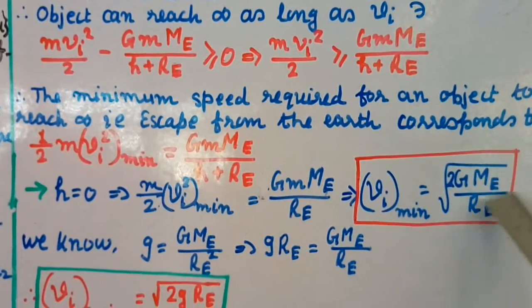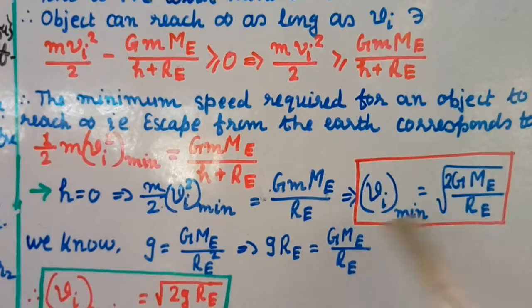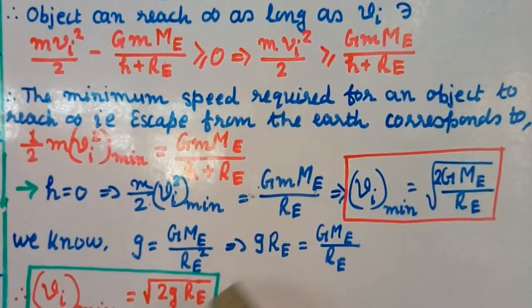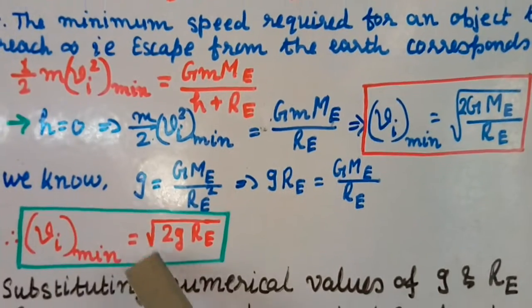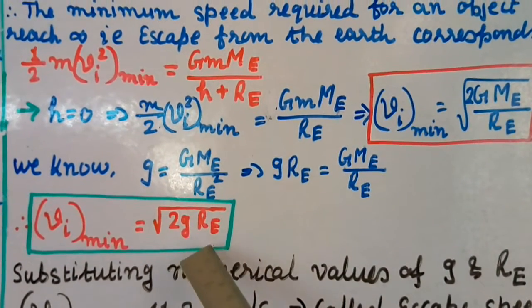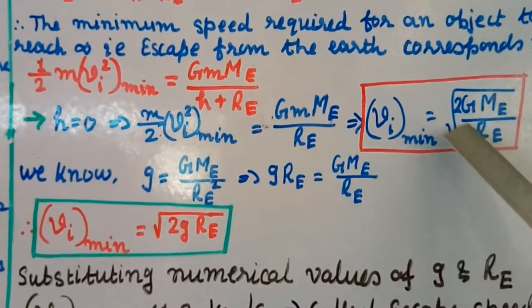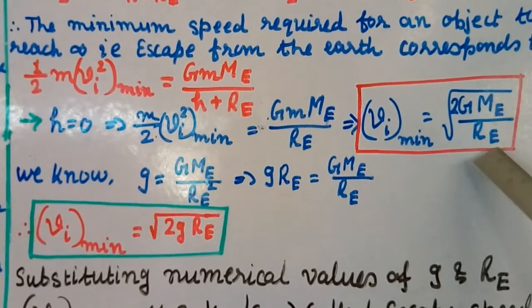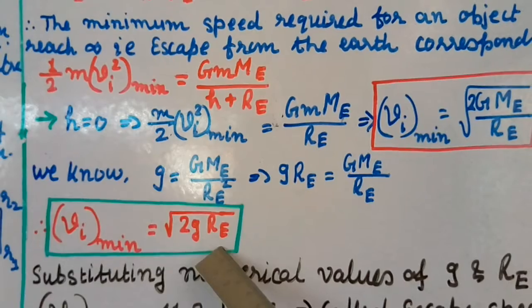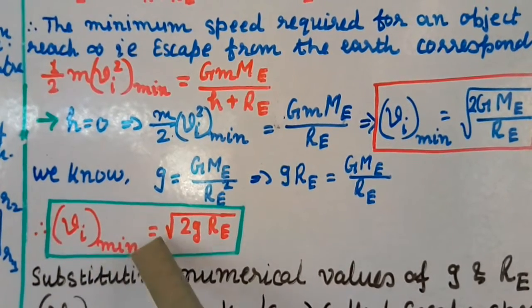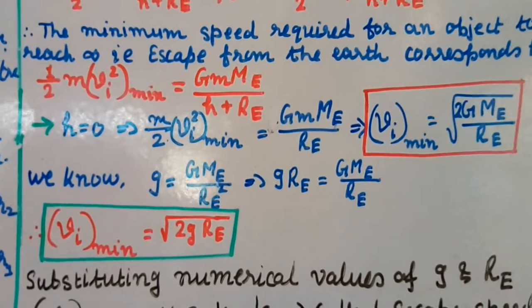So this value you can replace by g Re. So I get vi minimum equal to under the square root 2 g Re. I am just replacing this part G Me by Re as g Re. So we get vi minimum equal to square root of 2 g Re.